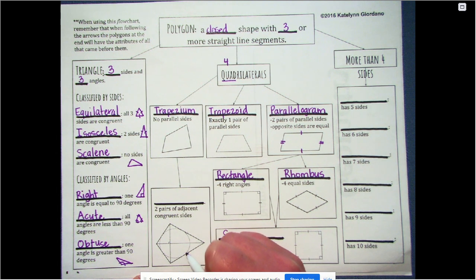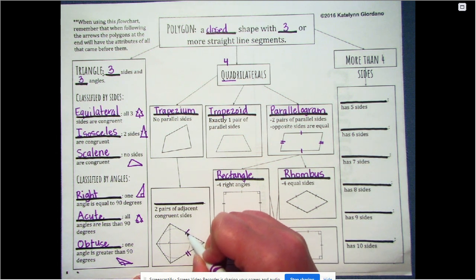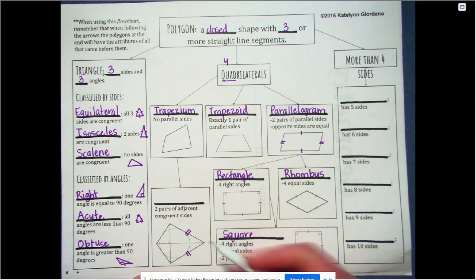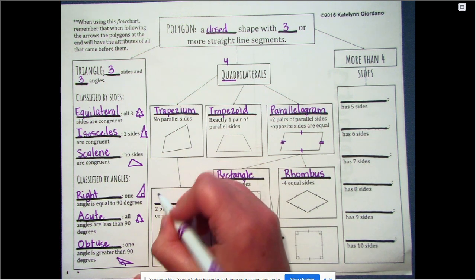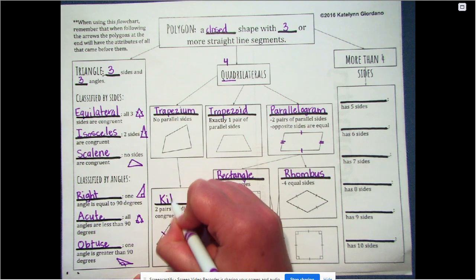So those two sides are the same length, they're adjacent, they're next to each other. And over here, we have two sides that are next to each other and are a different length. So it can't be a rhombus, and it doesn't have any parallel sides, so it can't be a parallelogram, which means this is considered a kite.